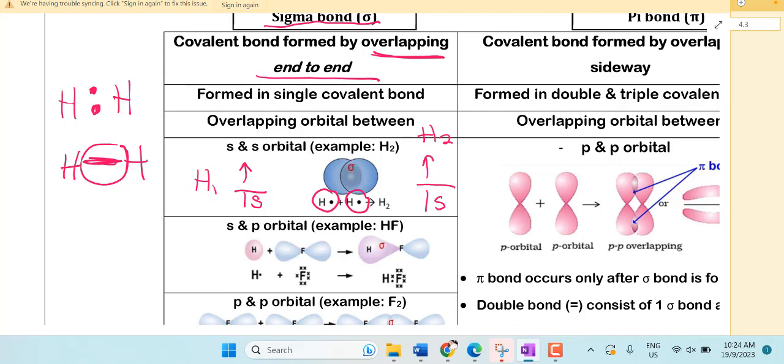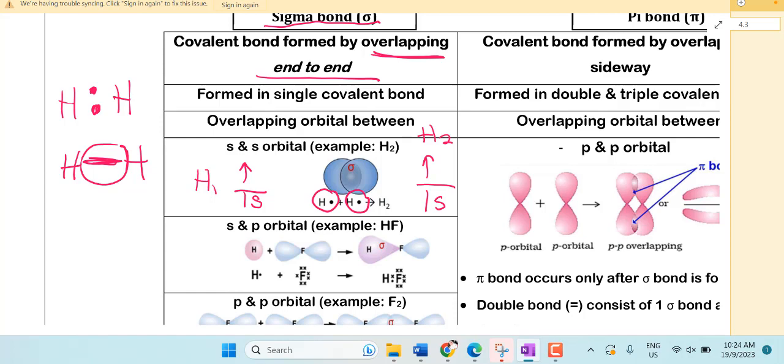In an atom, electrons are inside orbitals, so orbitals will overlap when the electron is shared with another atom.